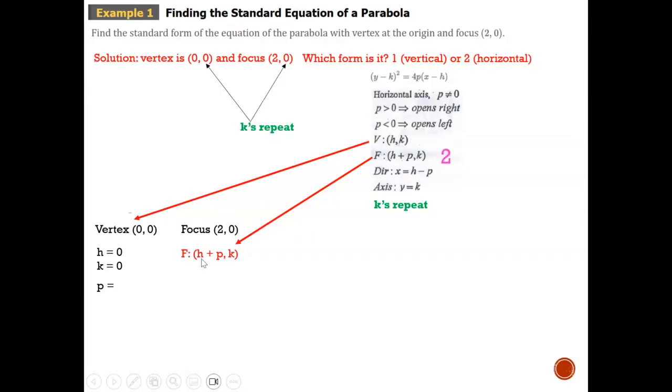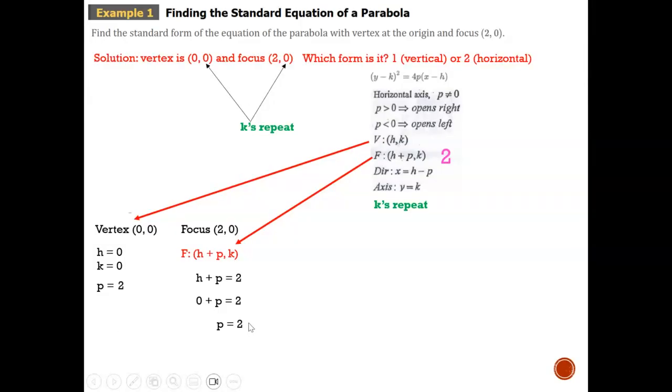We know that my H is 0. But if you notice, guys, H plus P equals 2, because this is the X part, or the H part, of the focus. So H plus P must equal 2. Now we know that H is equal to 0, so then P equals 2.